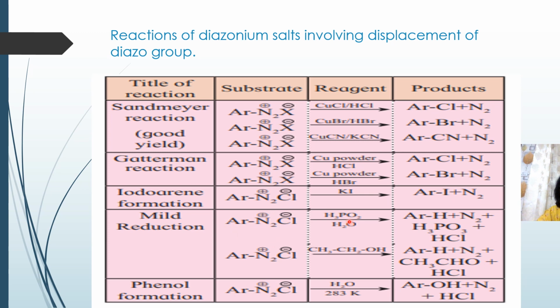Then, when reacted with H3PO2 and water, it gives you benzene plus nitrogen plus H3PO3. Then diazonium chloride, when reacted with ethyl alcohol, also forms benzene. Then when diazonium chloride is reacted with water at 283 Kelvin, it forms phenol. So a number of compounds are formed from the diazonium chloride.